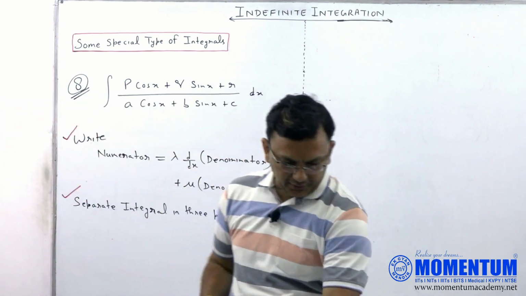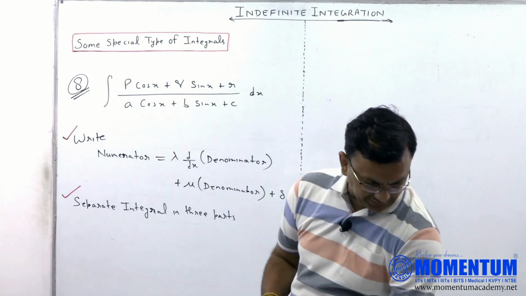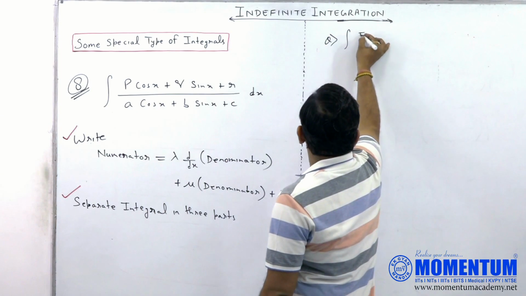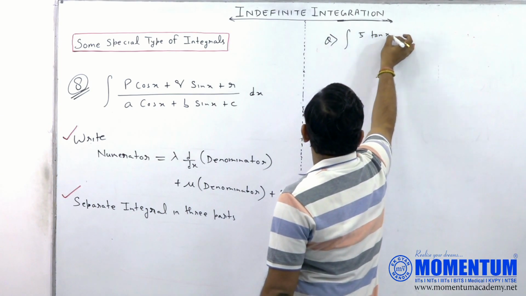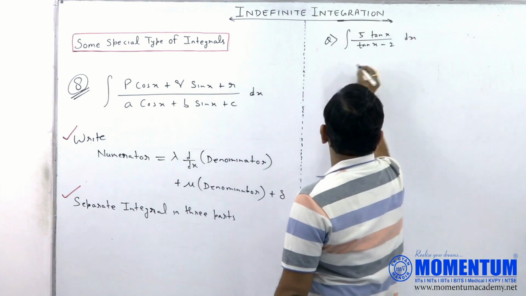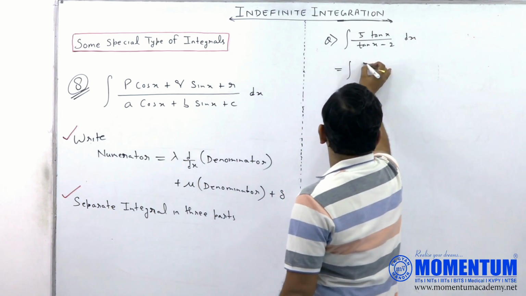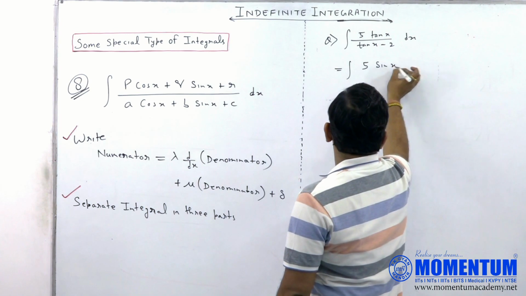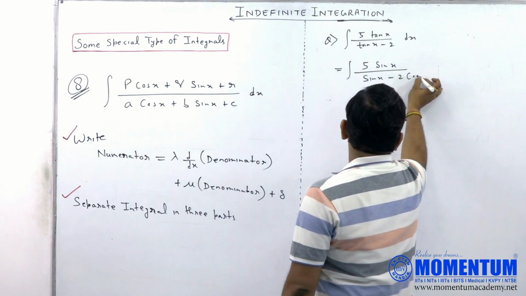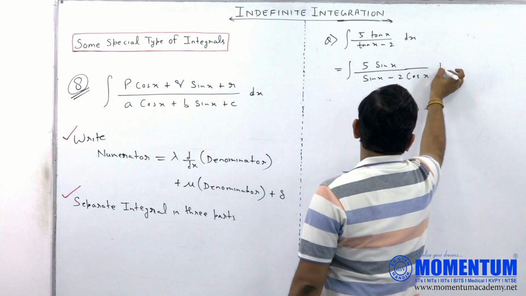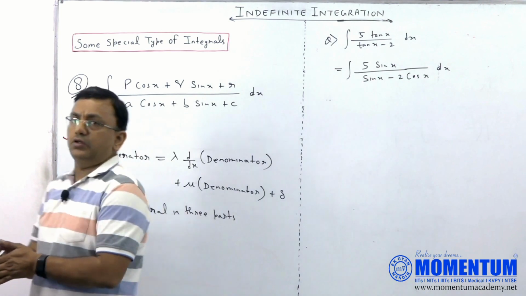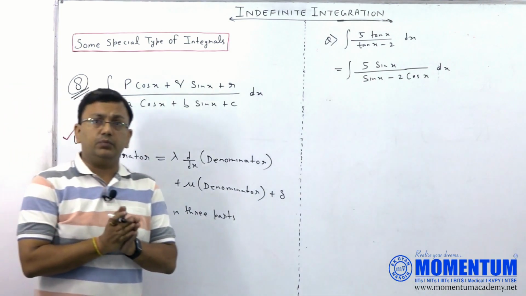Let's take a problem that came in an exam. It is integration of 5 tan x divided by tan x minus 2. Convert to sin cos, then integration of 5 times sin x divided by sin x minus 2 cos x. Clear? We have terms of sin and cos in numerator and denominator both.